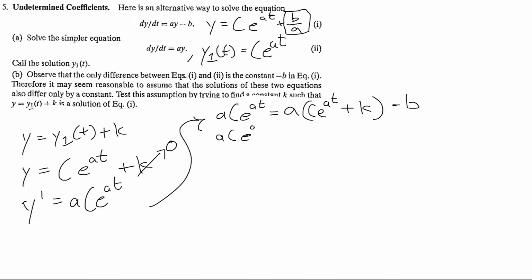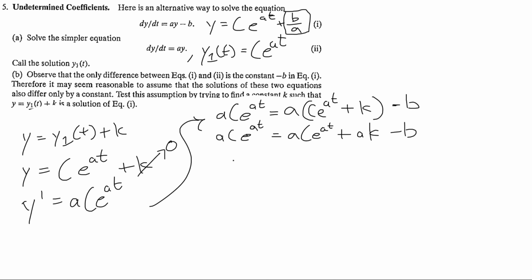a c e to the at is equal to a c e to the at plus a k minus b. That's what we end up with. And right away we can cancel the left side against the first term because these are like terms, right?